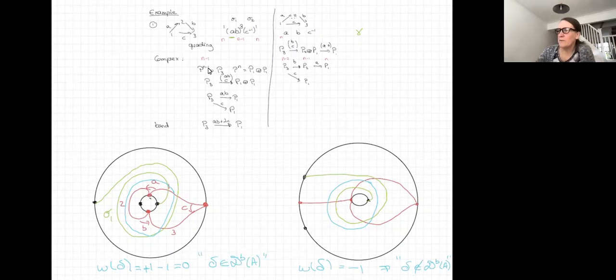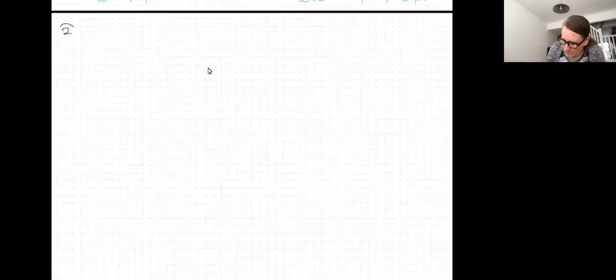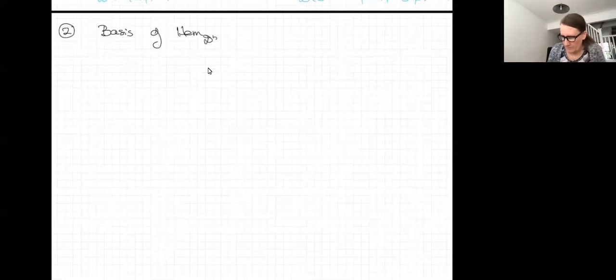Now, what about the maps? We describe a basis of the Hom space of two indecomposables.